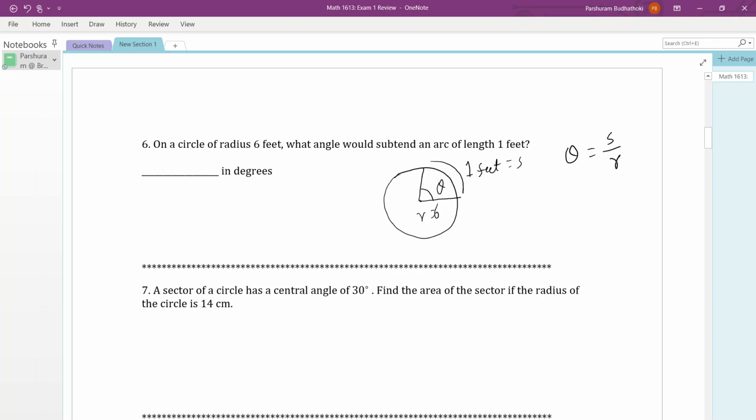But that angle will be in radians. So for this problem, the value of theta is the arc length, 1 feet, over 6 feet, so 1 over 6. This is in radian.